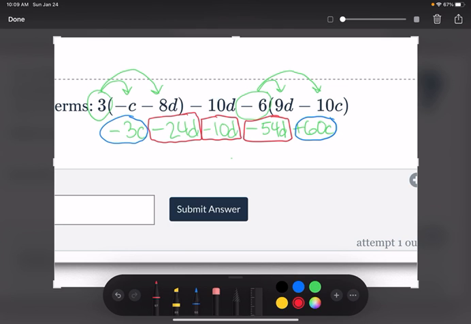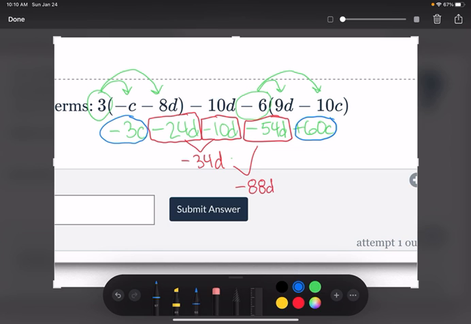So let's see, -24 and -10 would give me -34. -34 and -54, that's going to give me -88d.